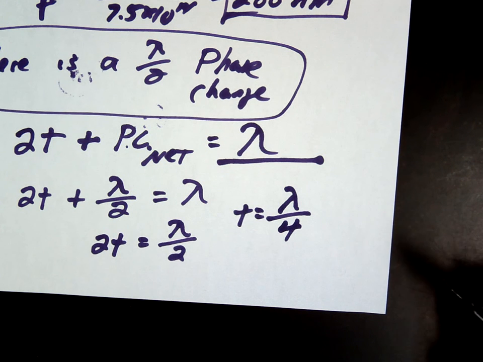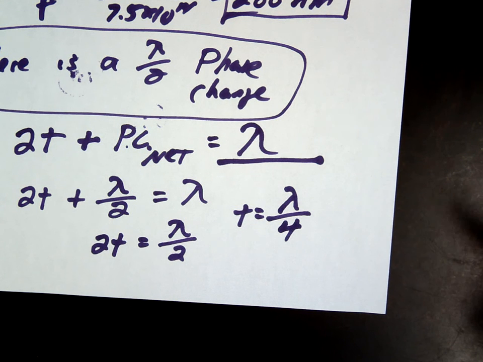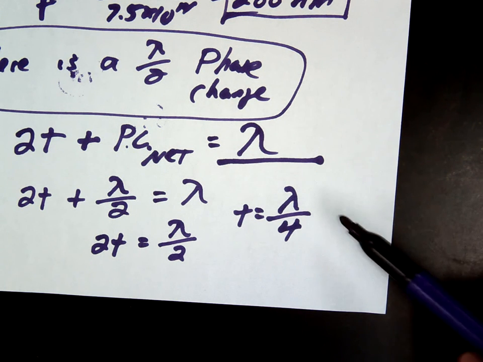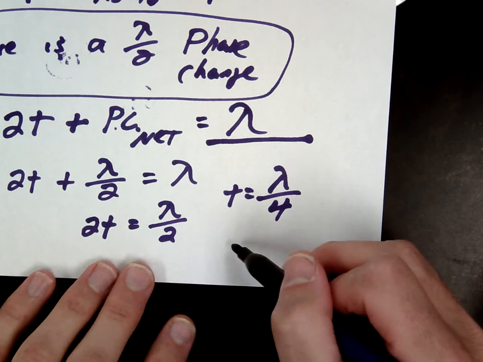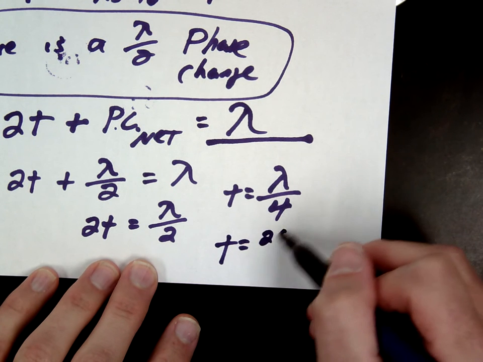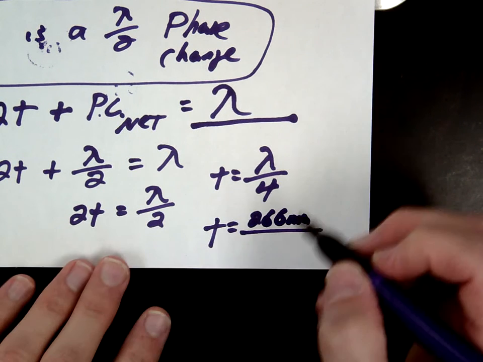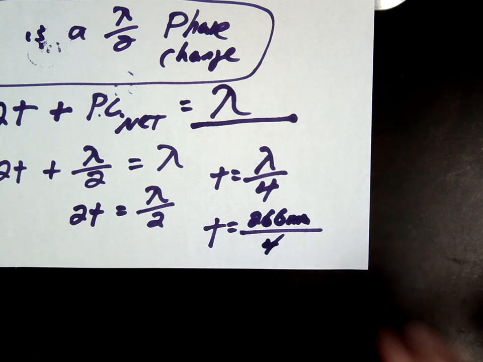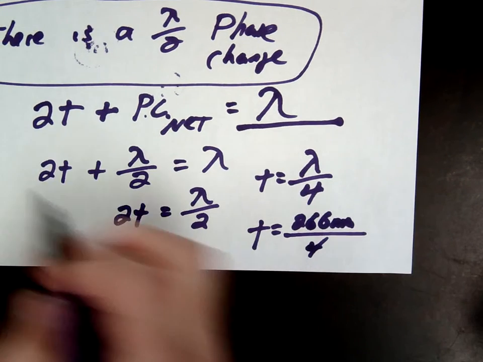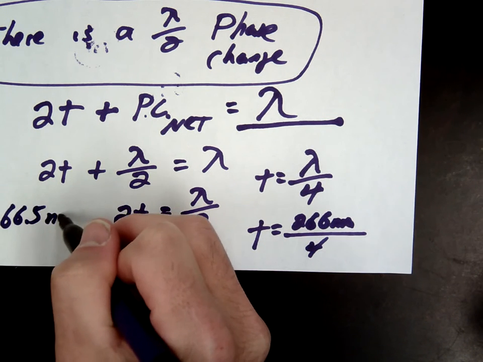Oftentimes this will be a variable-only question they might ask you, so for this particular problem, that would be the answer. But we actually have a number here, right? Now which wavelength do I plug in here? 266 or 400? 266. You always plug in the wavelength in the coating. So this is going to be 266 divided by 4. 66.5 nanometers.